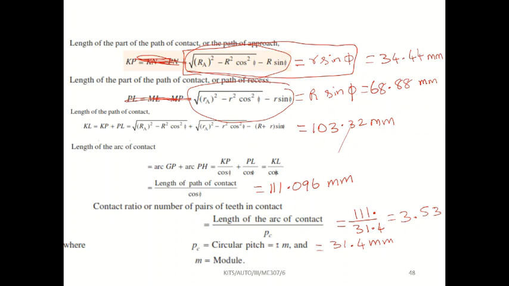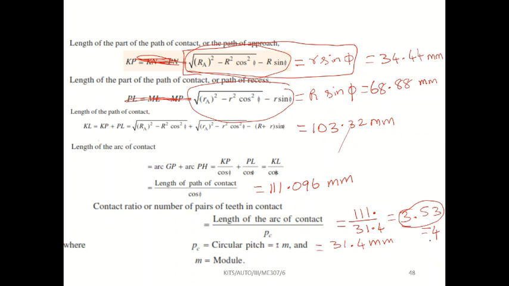Contact ratio means pairs of teeth in contact. Okay, we can't write 3.53 as an answer. We have to put a whole number. It could be 4 or it could be 3. But if it is equal to 3.5 or more than 3.5, it means contact ratio is approximately equal to 4.